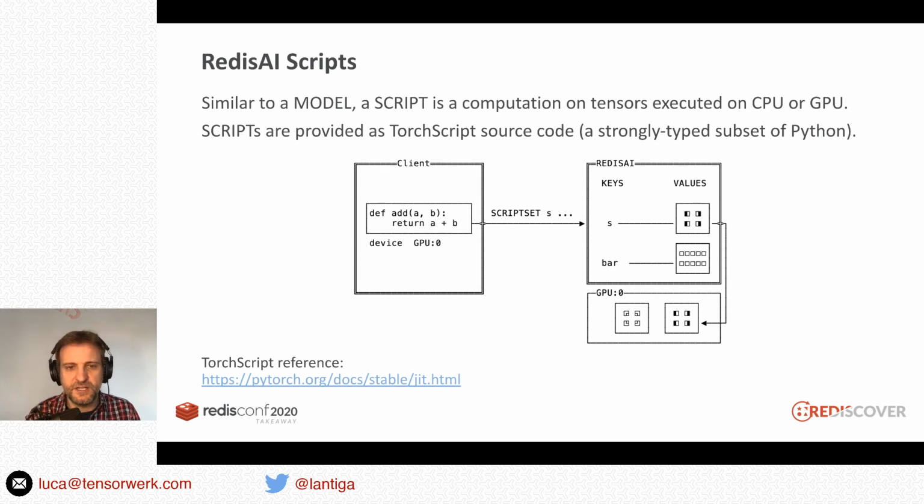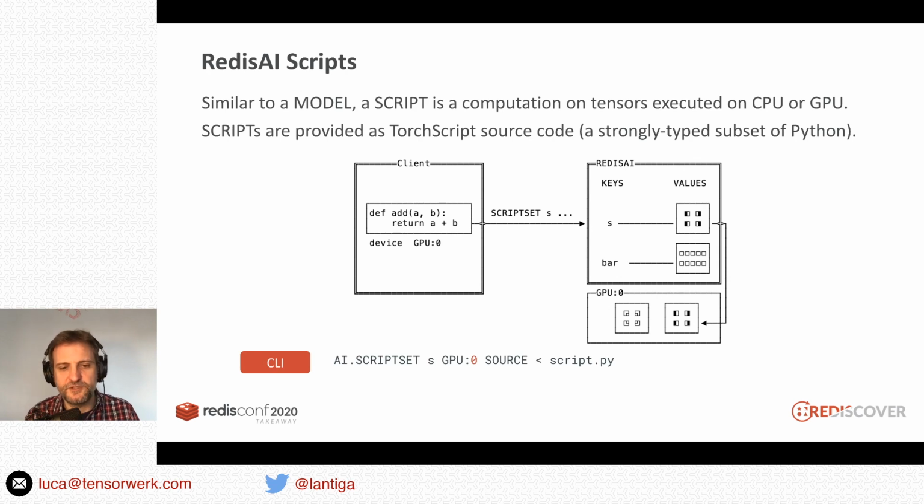But this is something that can be managed quite easily if you look up what to do in the documentation. And we'll provide also examples on how to write scripts. Scripts are represented as their source code. When you set a script in RedisAI, it will be compiled as soon as it's set, and then it will be ready to run. And it will take inputs in the form of tensors and output in the form of tensors again.